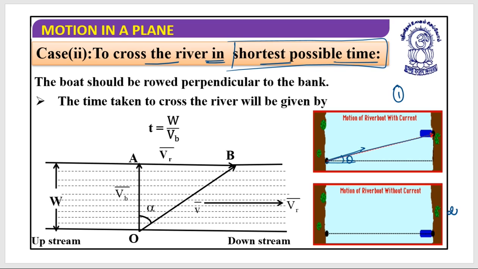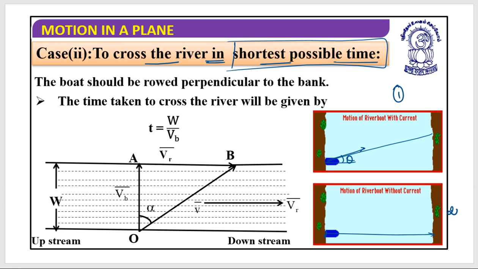While in this situation it is moving in this direction. Now according to the observation, tell me which path would take a shorter amount of time. So I hope you are pretty sure that we need to choose the second path to cover the river in the shortest possible time.